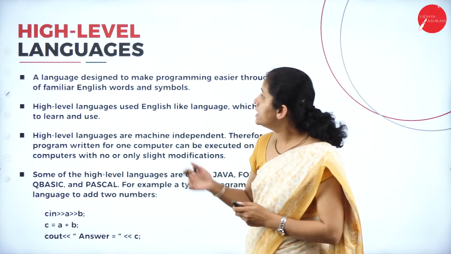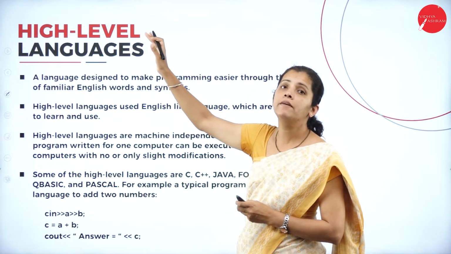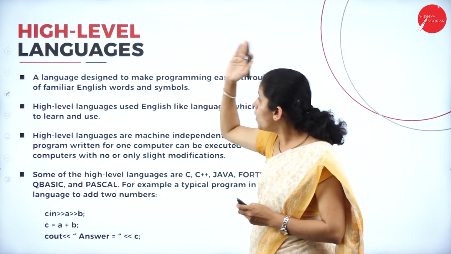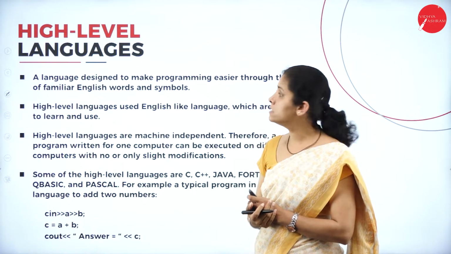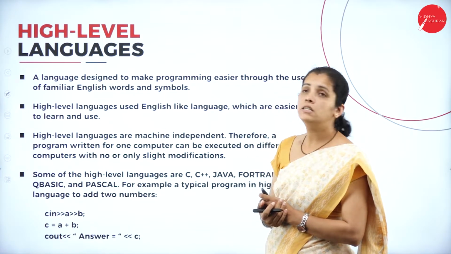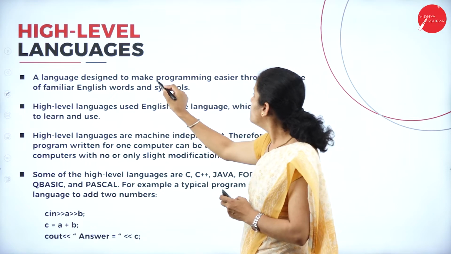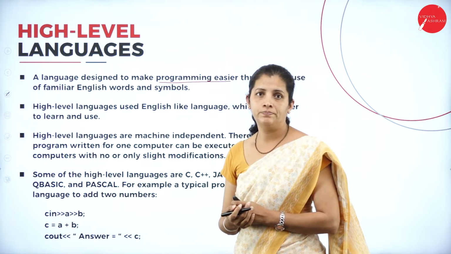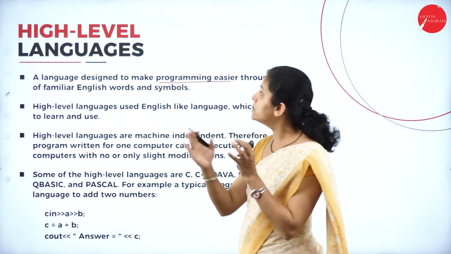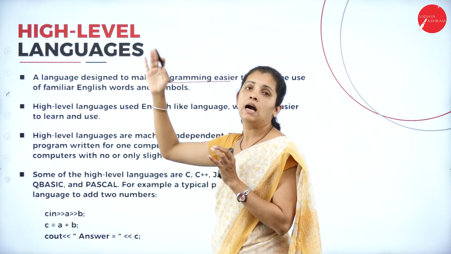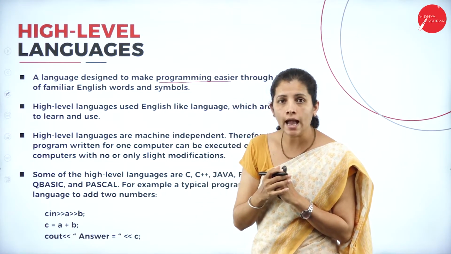Now dear student, I'm going to have the high level language. So what is this high level language? A language designed to make programming easier. So if I go with high level language, I'm going to have English language.